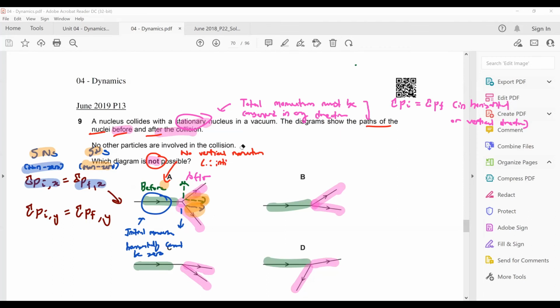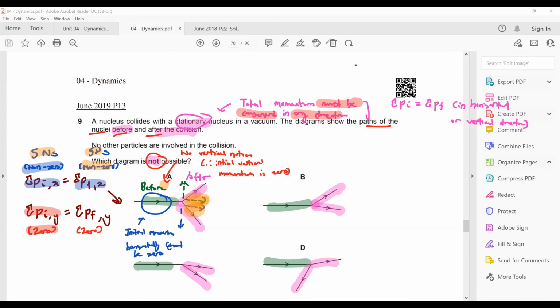Okay, so now I know that this one must be zero. So if momentum is to be conserved in any direction here, including the y direction, after collision, it must also be zero.